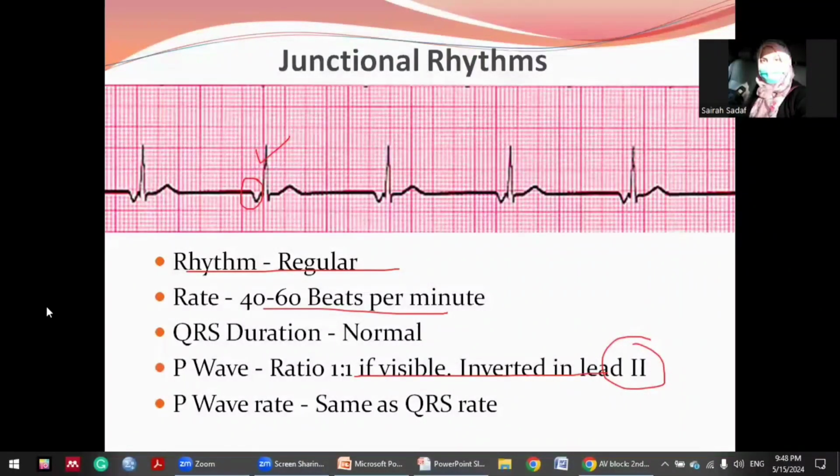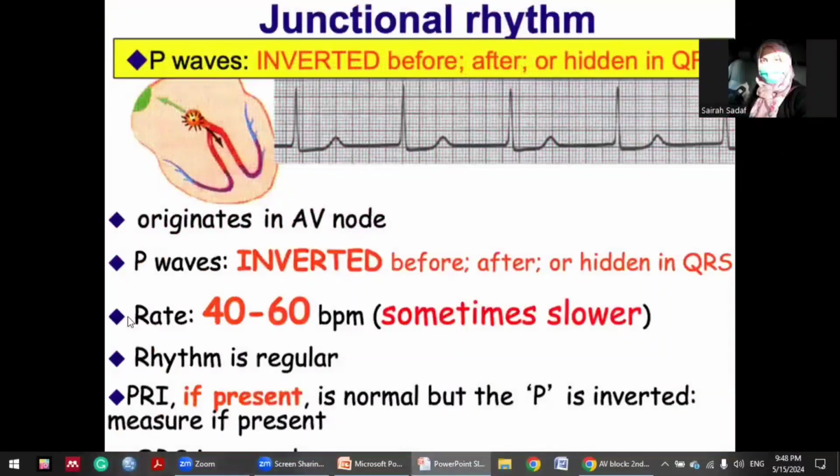I have some examples of junctional rhythm. Sometimes the P wave is inverted. Sometimes it comes before the QRS complex, sometimes after the QRS complex, and sometimes it is hidden in the QRS complex. It just gets merged in it.